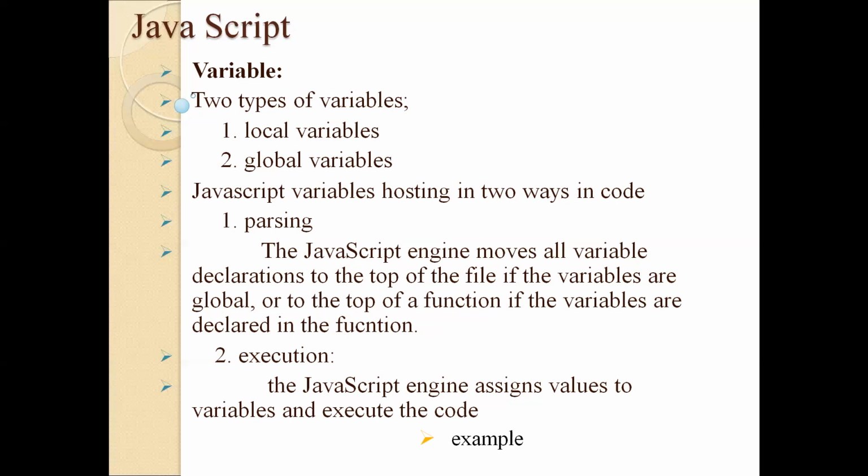And if we want to define a local variable, we define it within the main function or within a function. Similarly, in JavaScript also, if we want to define a global variable, we will define it outside of all the functions. And if we want to define a local variable, we will define it within any one of the functions.